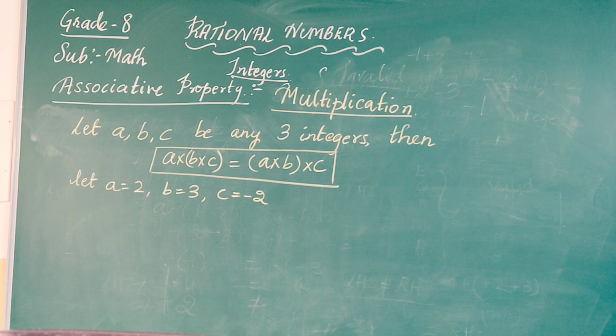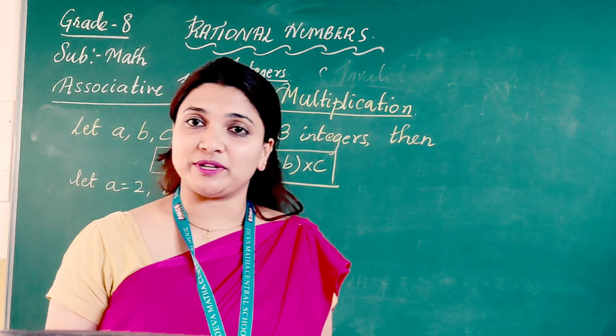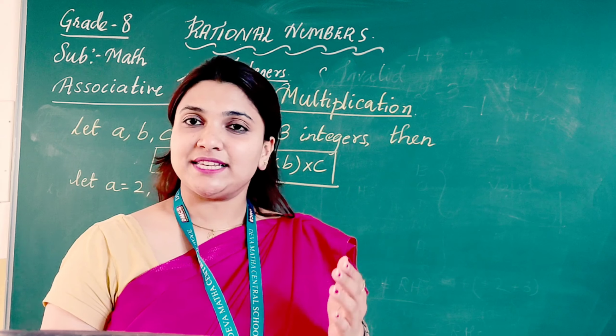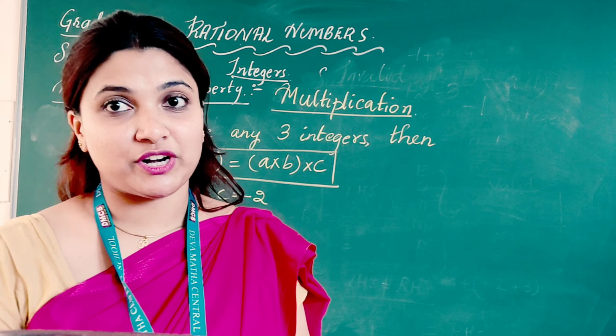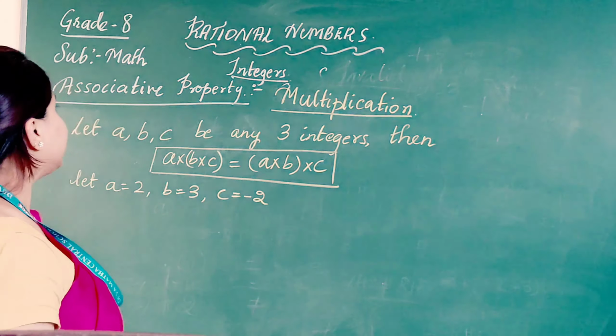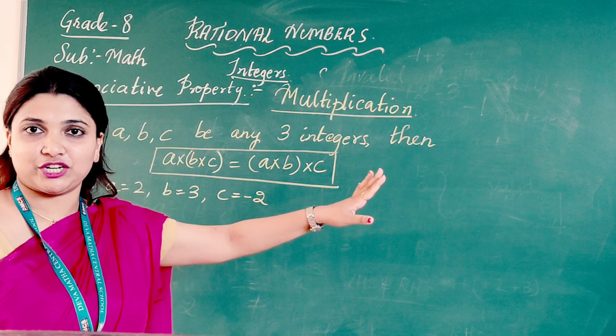Okay class. Now we will be studying completely about the associative property in terms of integers for multiplication. See children, I have not yet come to rational numbers. Now I am just teaching about integers. Alright. Now when I talk about the associative property for multiplication, before I go to multiplication, we have studied the associative property for addition.